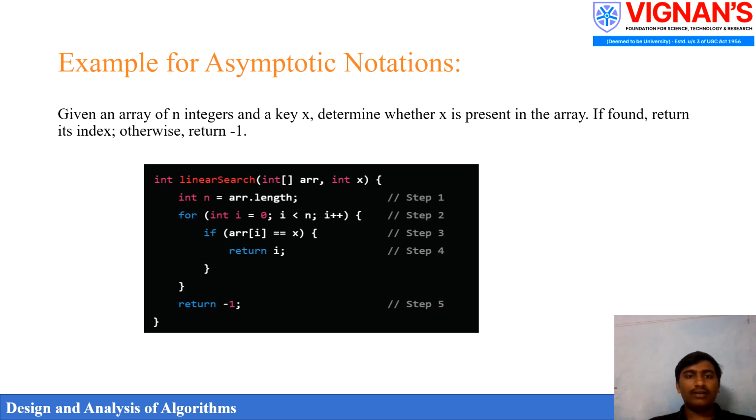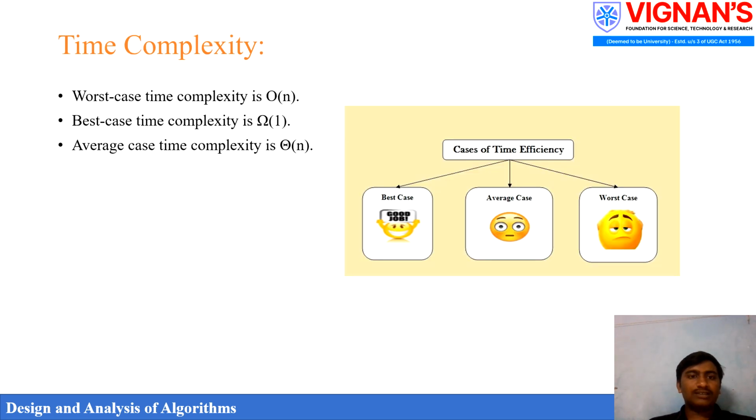Given an array of n integers and a key element x, determine whether x is present in the array. If found, return its index, otherwise return -1 if the element is not found. Coming to time complexity differences, the worst case time complexity is big O of n when the element is not found.